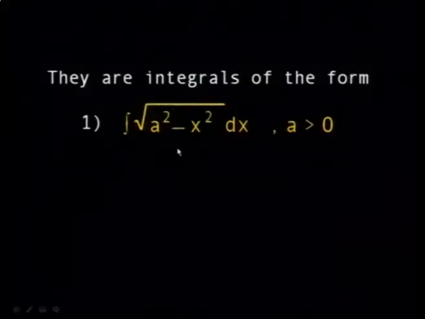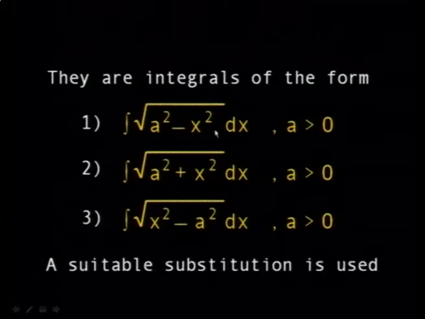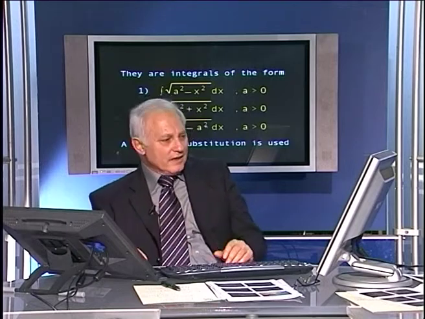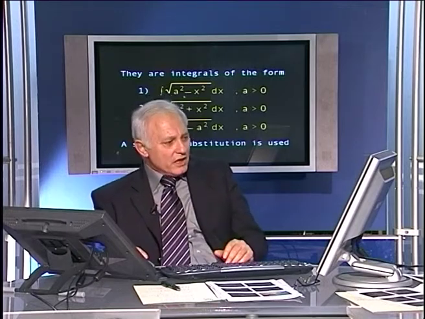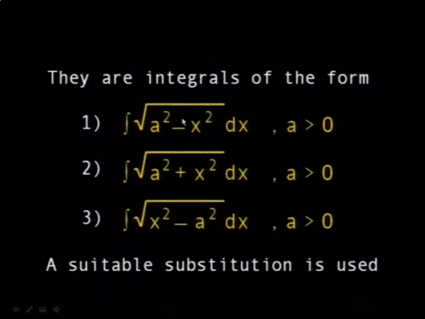Now, these are integrals of the form: this one, or this one, and this one. You can use integration by parts, but as I said, there is a much easier way of handling these kinds of integrals. For example, in English textbooks, they call this trigonometric substitution.